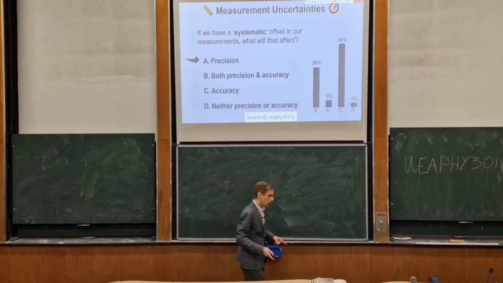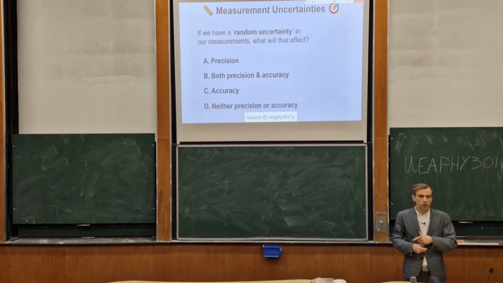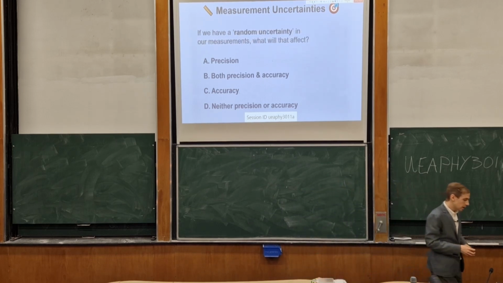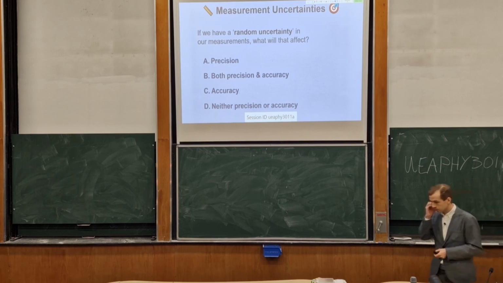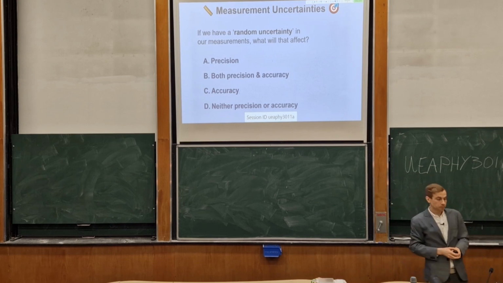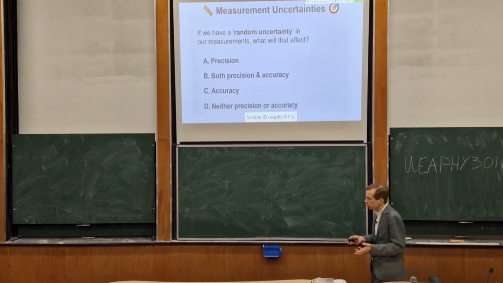Let's try another one a bit like this. Suppose we've got a random uncertainty in our measurements. Every time we make our measurements, there's some random uncertainty associated with it. Which one of these is a random uncertainty going to affect? Maybe it wouldn't affect either. Maybe it would affect both.